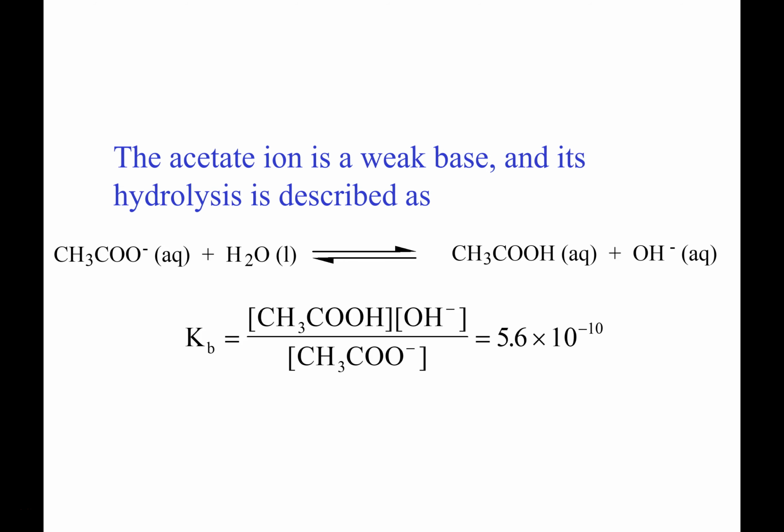And then from there we come up with the Kb expression, and all of our equilibrium constant expressions take the same form, where it's the molar concentration of the products divided by the molar concentration of the reactants raised to their stoichiometric coefficients. Kb is given as 5.6 times 10 to the negative 10th. And this, I think, is back in our notes because we did a lot with acetic acid, so we knocked out the Kb earlier.